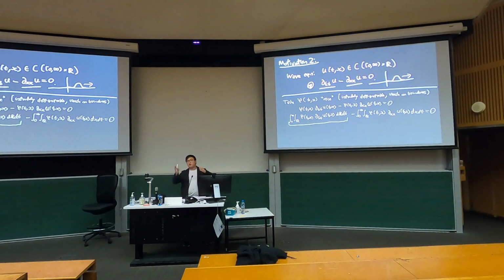I'm going to move one of the t derivatives over to phi. In doing integration by parts, the first thing that happens is the uv boundary term in the classical formula is 0, because I've taken phi to be nice in that it vanishes on the boundary, so it disappears. Then, after integration by parts, I end up with the time derivative of phi, and on u there is only a single time derivative as well. Okay?